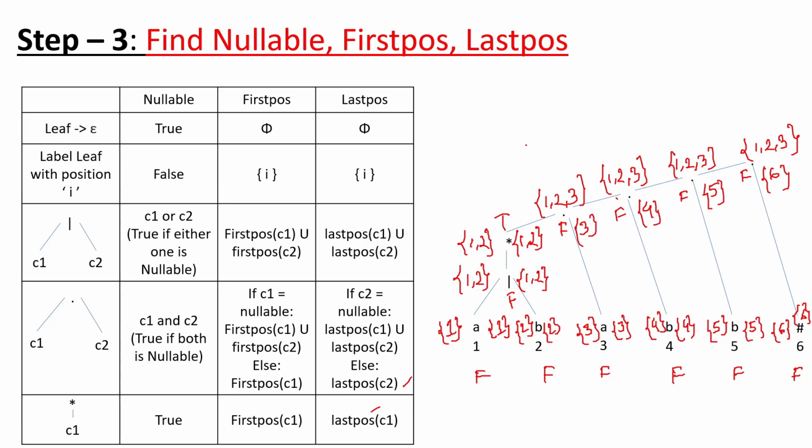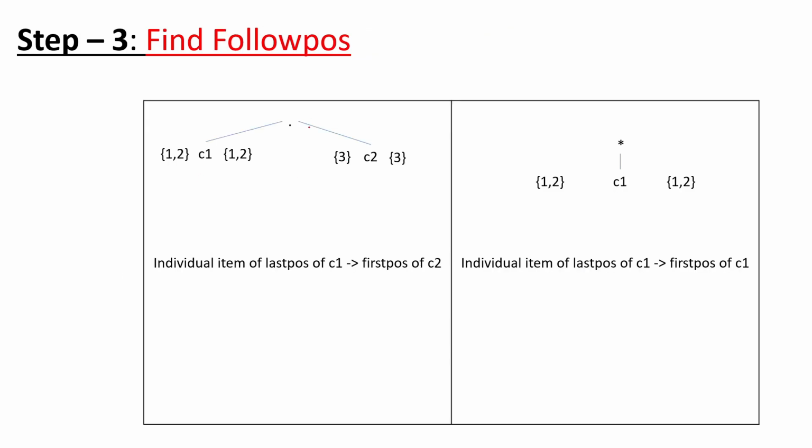Now we're going to find follow pass, step 4. We have found nullable, first pass, last pass. Now we're going to go to the next step, that is step 4, follow pass. How can we identify follow pass? Follow pass only works for multiplication and star. Follow pass means, what is the next term? If I have a multiplication condition, there are two children, C1 and C2. Child 1's last pass, each element of it will have child 2's first pass.